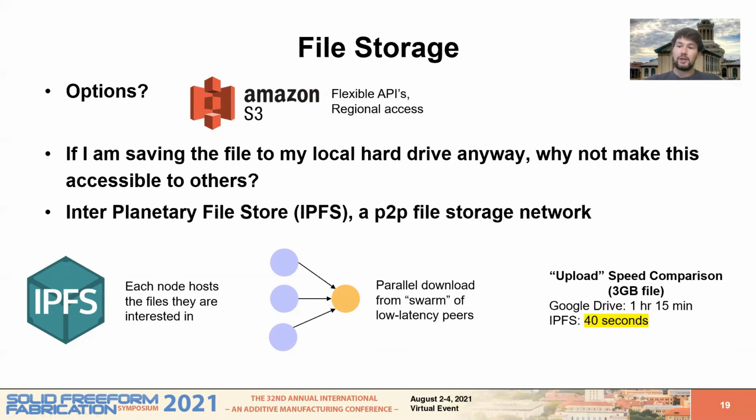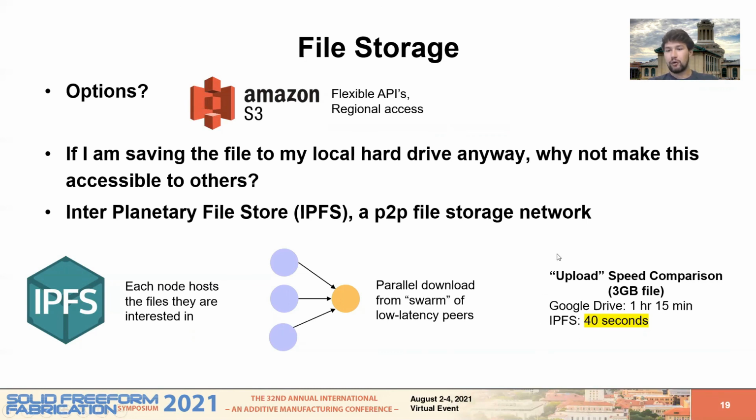So now if somebody in Japan wants to download a file that's stored on my machine, they have to download it from me once, and then they can host it out to anyone for local content delivery within that region. And so this is a way to rapidly scale the accessibility of our files. But of course, everything we're storing on IPFS is encrypted so that only people who are privileged to access it can see it.